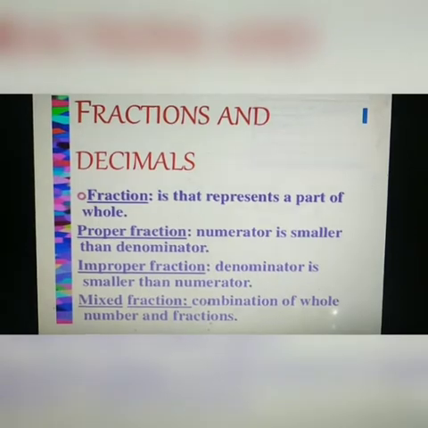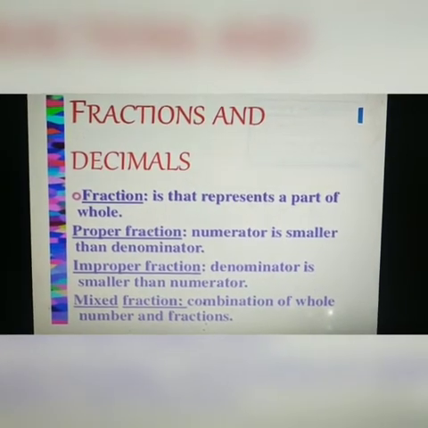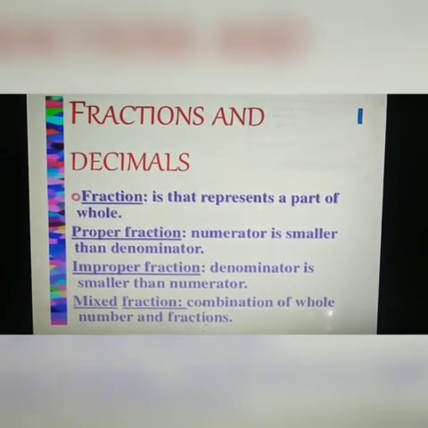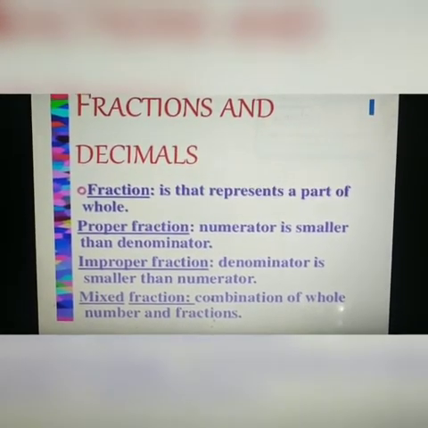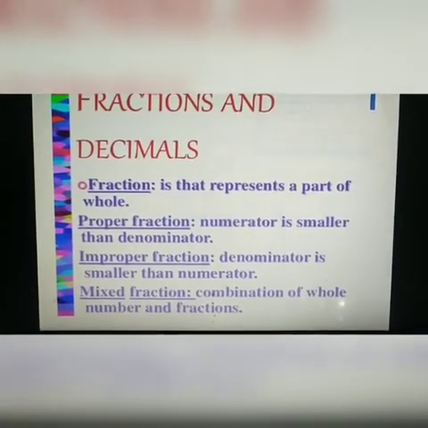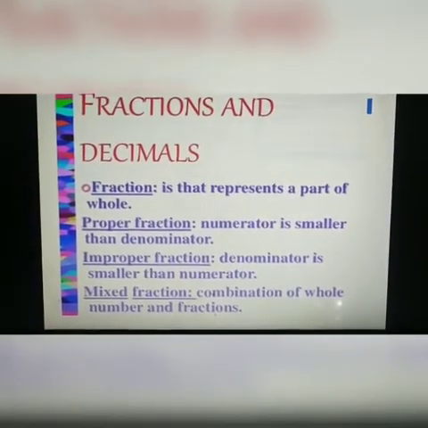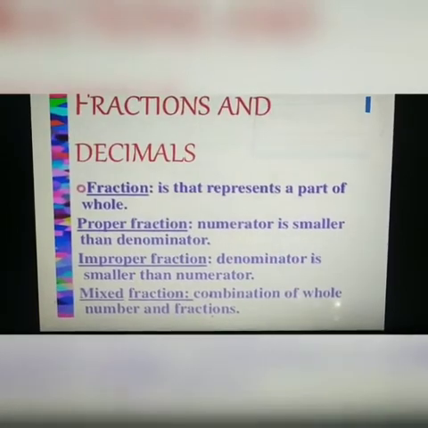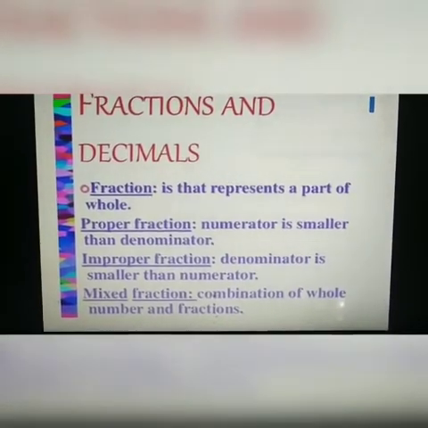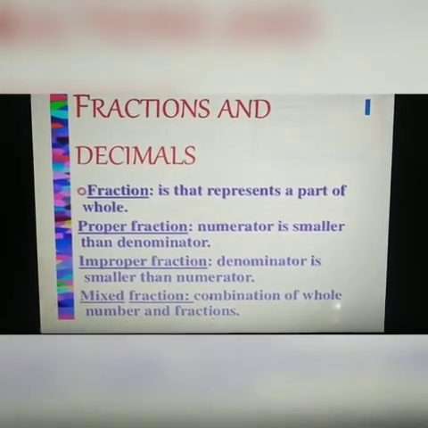Now we see the next topic, that is proper fraction. A proper fraction is what? The numerator is smaller than the denominator. And next is what? Improper fraction. An improper fraction is what? The denominator is smaller than the numerator. We will see this briefly in the next slides.